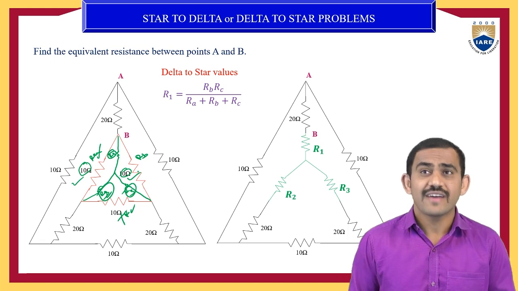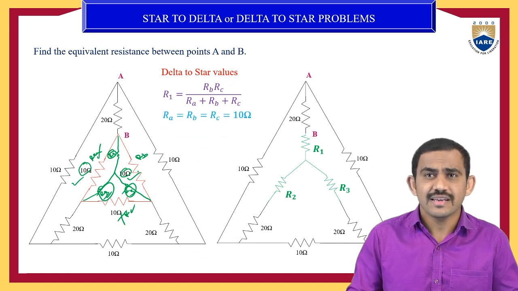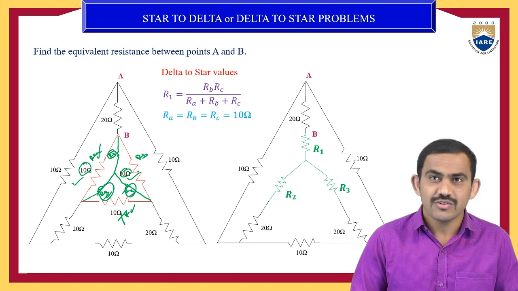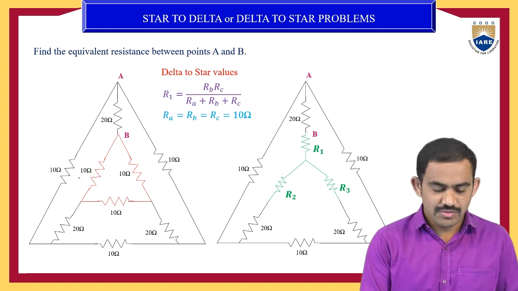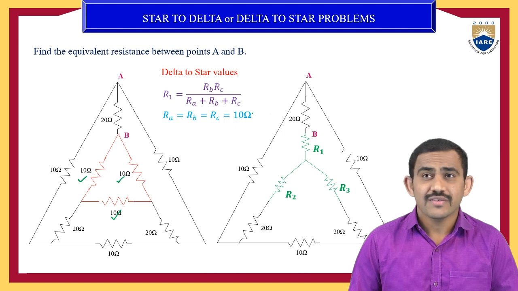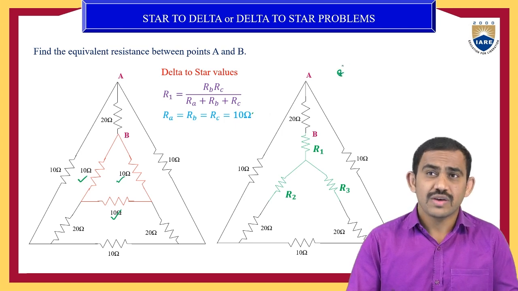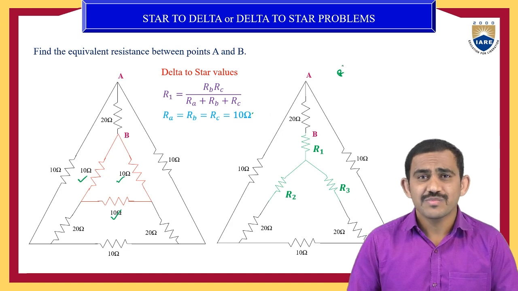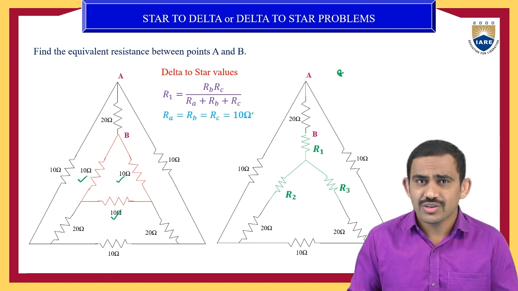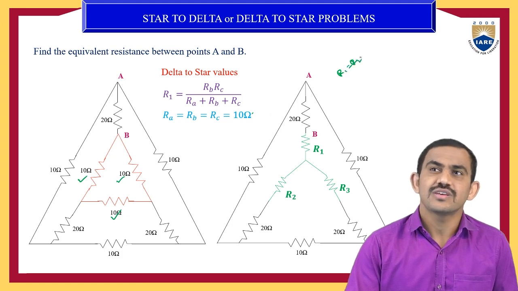Now I want to find out R1 value. So I have the RA, RB, RC value. Here your RA equal to RB equal to RC. So RA is 10 ohms, RB 10 ohms, RC also 10 ohms. Just find out the R1, R2, R3 values. So simple. If your RA, RB, RC three values are the same, you will get R1 equal to R2 equal to R3.